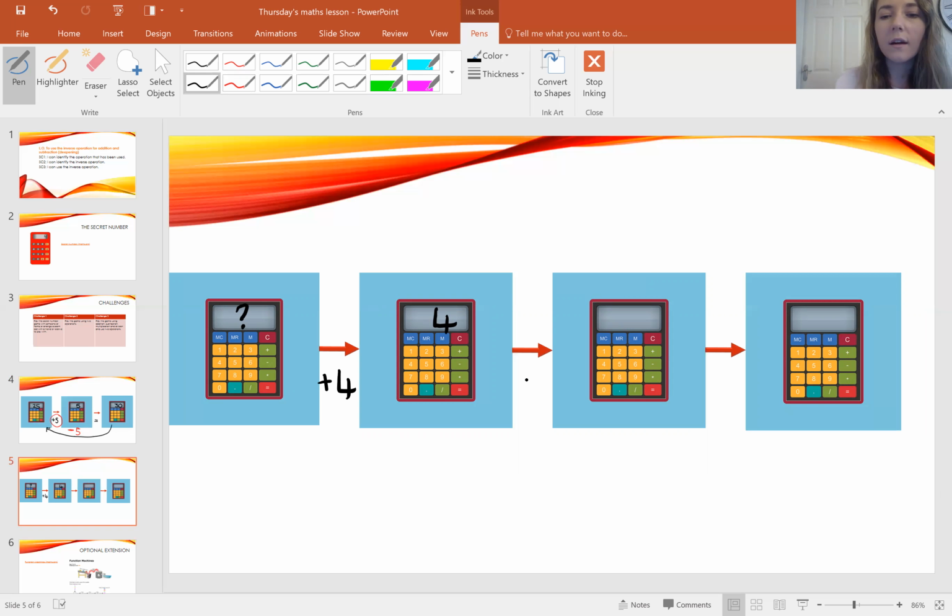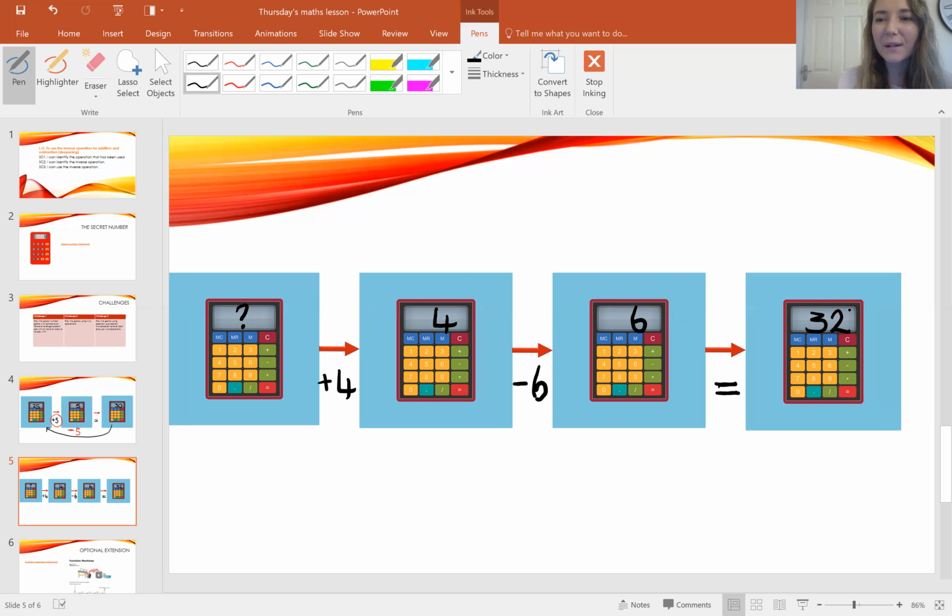And then I subtracted 6. And when I pressed equals, the answer that appeared on the calculator was 32. Pause the video now and see if you can work out what the number was. Off you go.